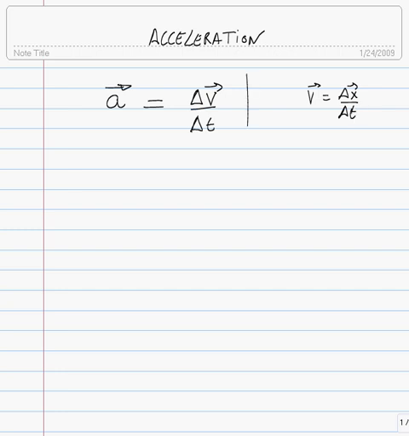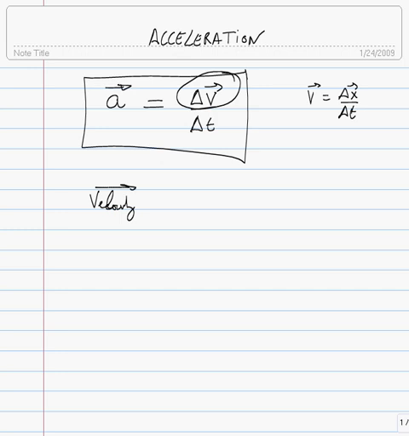The acceleration is defined as the change of velocity divided by the change of time, which means that whenever you're going to have a non-zero acceleration, you must change your velocity. That's it. Whenever the velocity is constant, the change is zero.